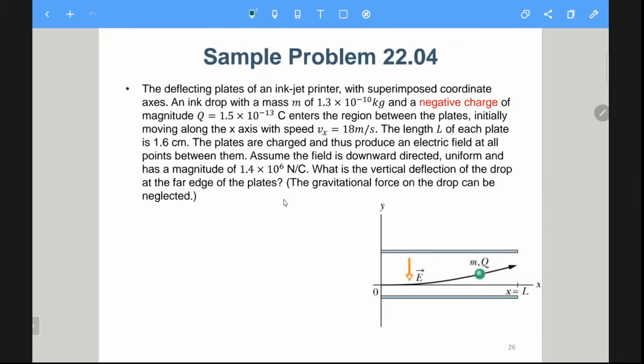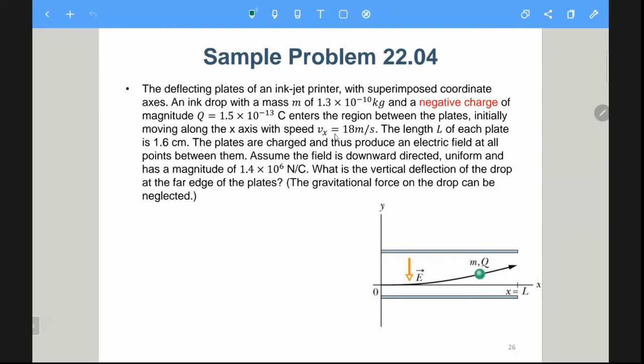Okay, so let's see a sample problem. The deflecting plate of an inkjet printer with a superimposed coordinate axis. The mass is very light, 10 to the minus 10 kilogram, and a negative charge of Q like this.